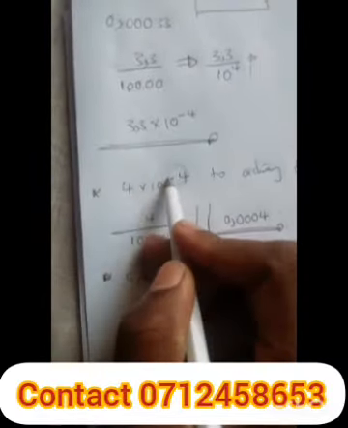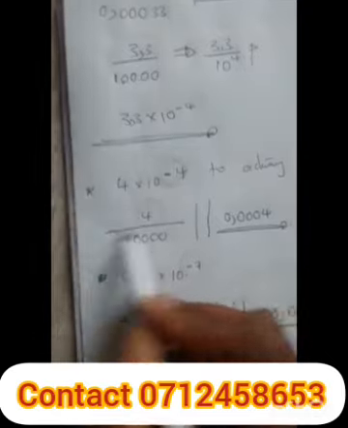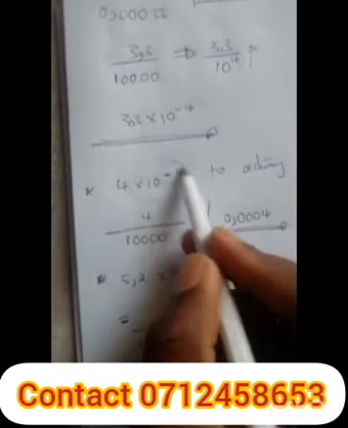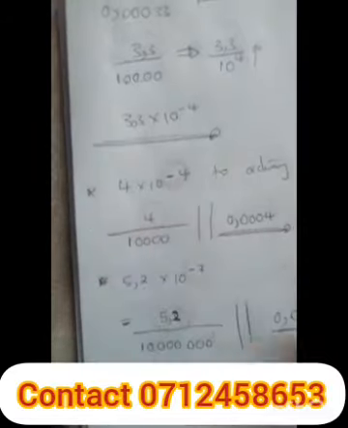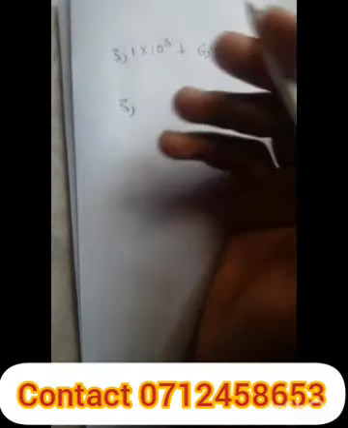What made us change 4 times 10 to the power of negative 4 to ordinary form and say 4 over 1,000? It is because of this negative. This 10 has to go down because of this negative. But when it's now a positive, you can't make this 10 go down. What you have to know is that this exponent is telling you how many numbers must be after the comma.